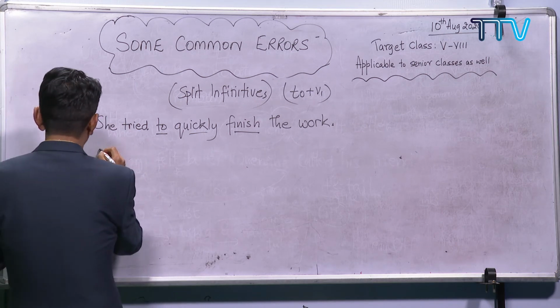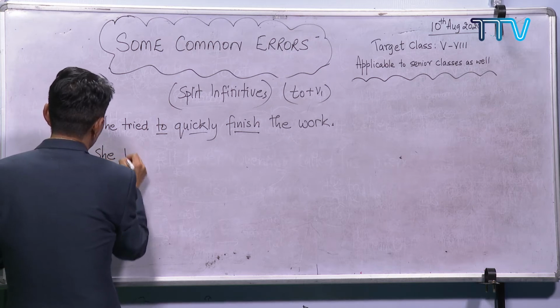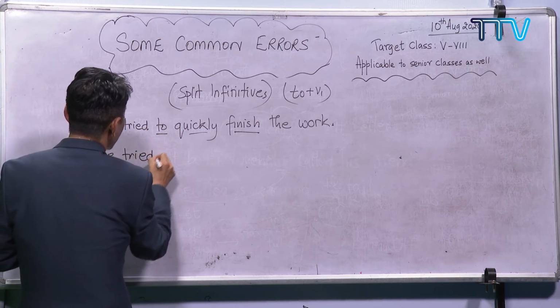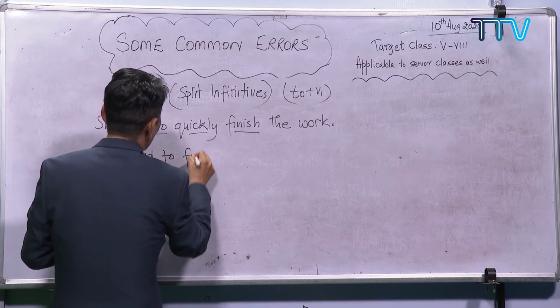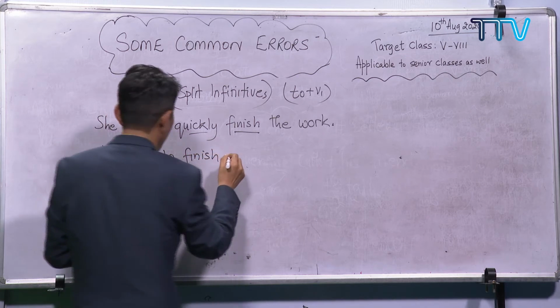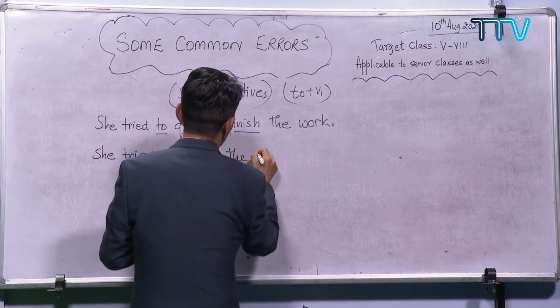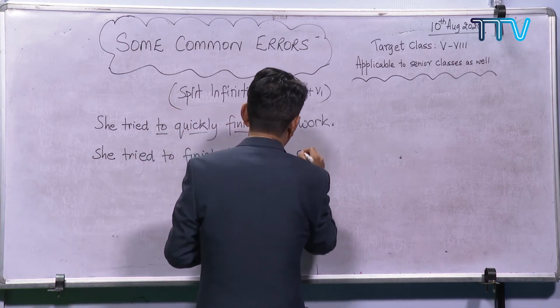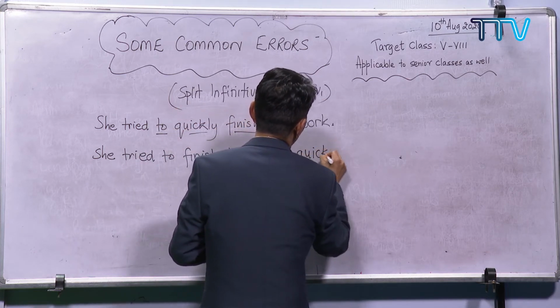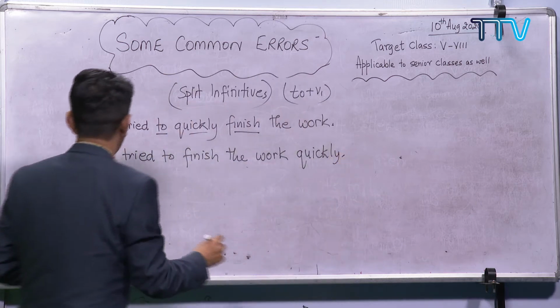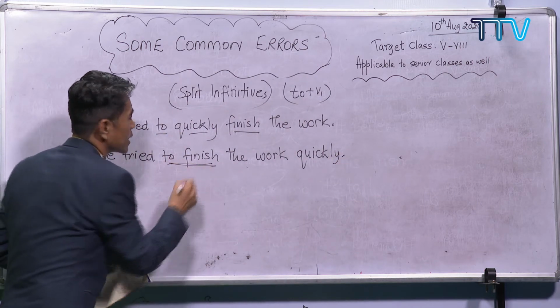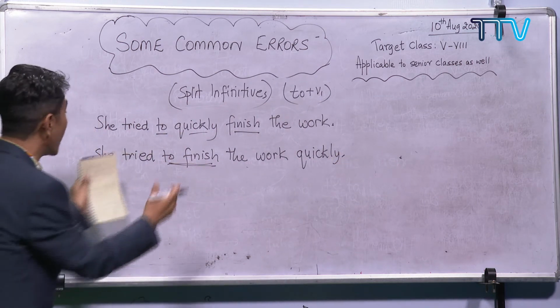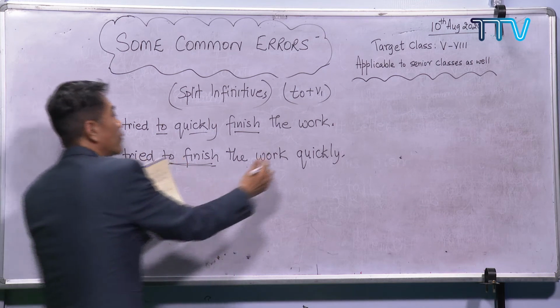Now it should look like this. She tried to finish the work quickly. So if you look at this, the infinitives are not separated, they are intact, and the adverb is there.